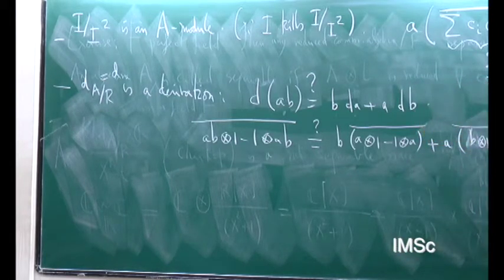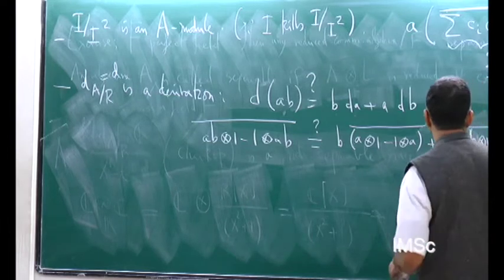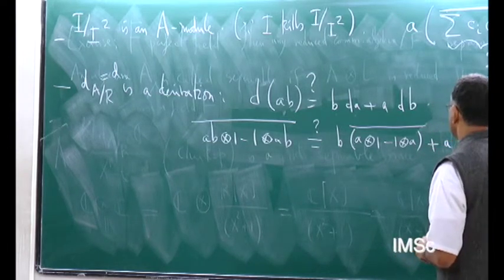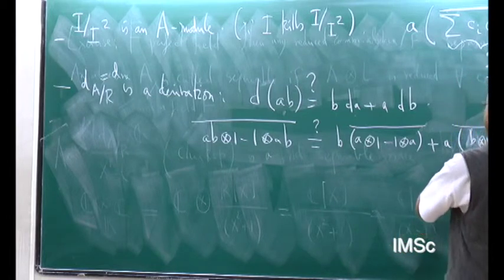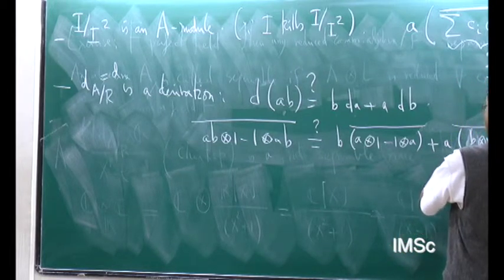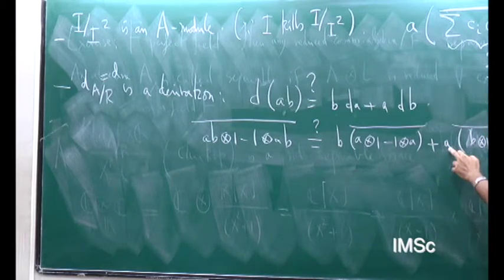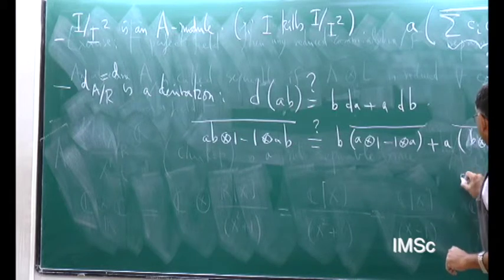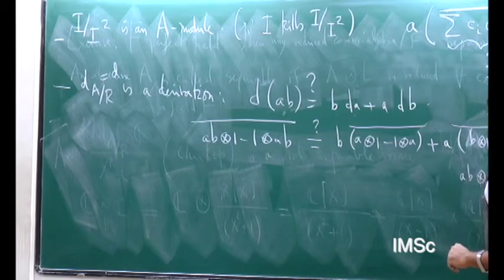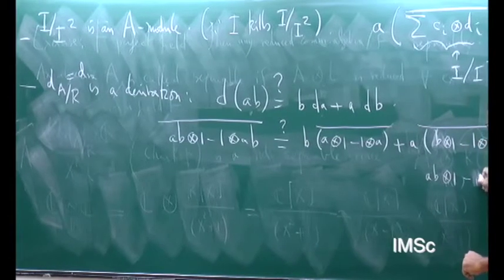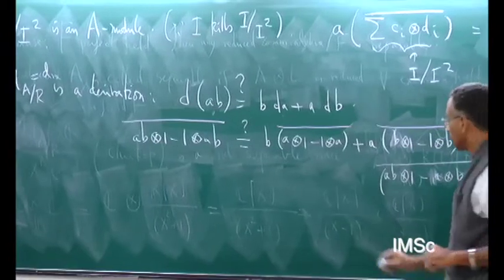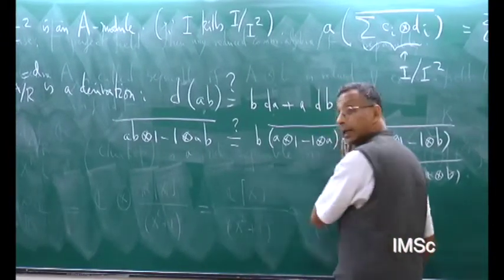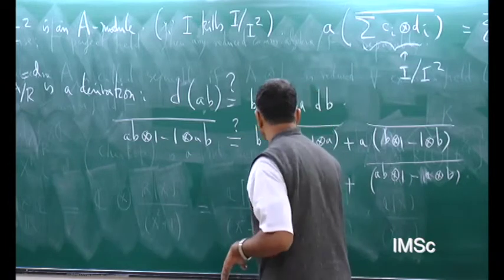Okay, let's see. Let me decide to put this A in the first place. So this is the same as AB tensor 1 minus A tensor B bar, right? Now let me put this in the second place, I'm free to do that.